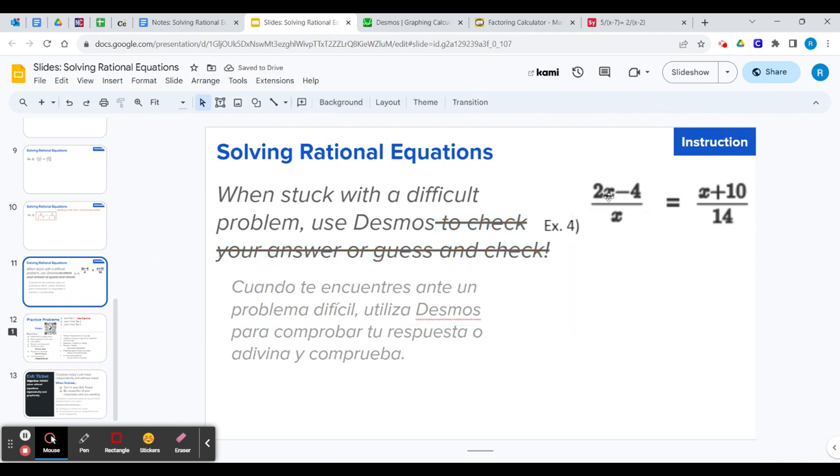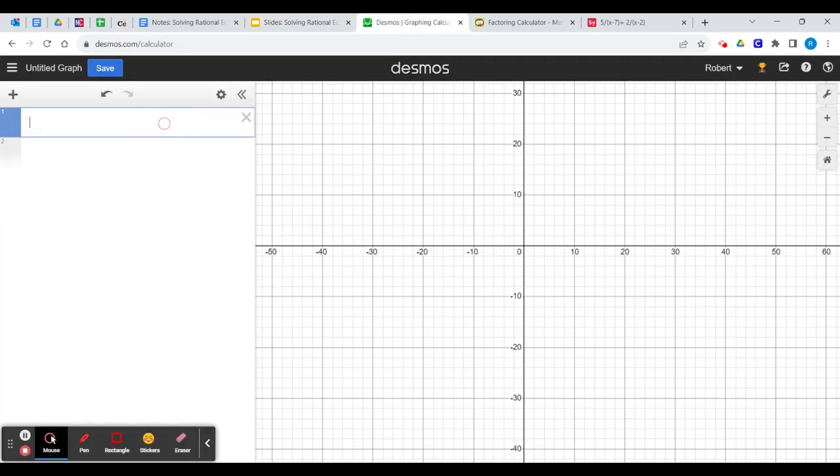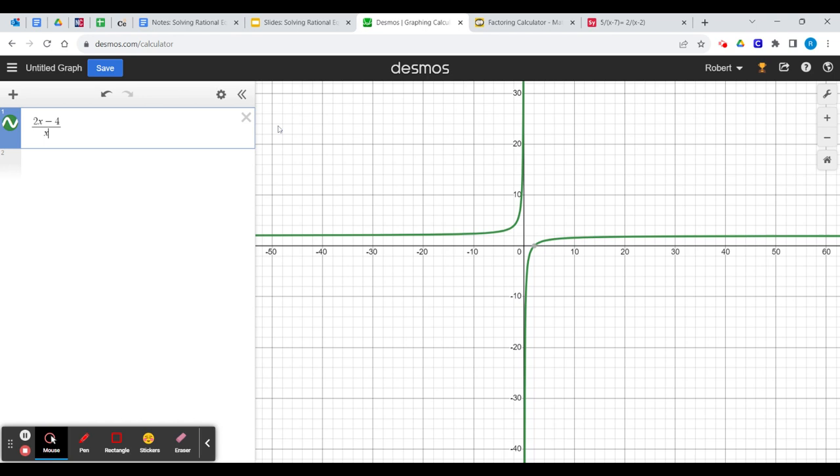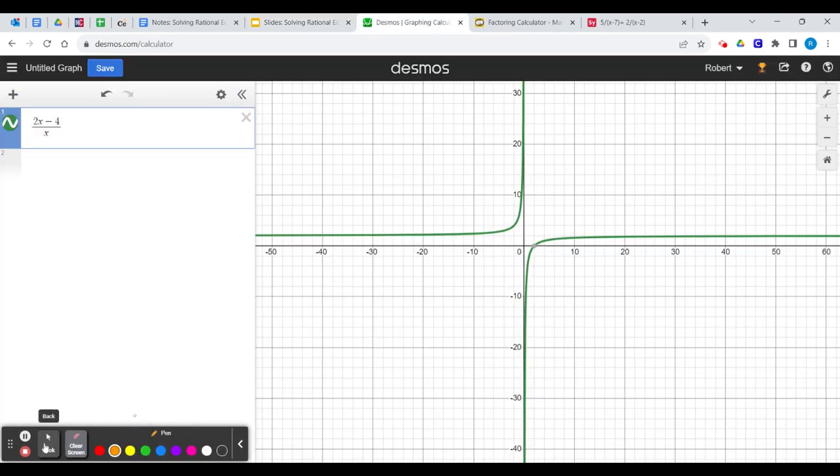So what we're going to do is take the left side of our equation here, this 2x minus 4 over x. We are going to plug that into Desmos as one of our equations. So 2x minus 4 over x. That's one equation there on the left. And the other equation we want to plug in is on the right, x plus 10 over 14.